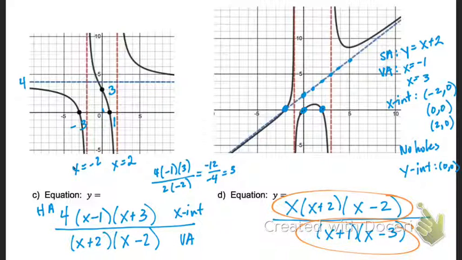So if I were to FOIL these out, I would get x squared minus 4, FOIL that out, x cubed minus 4x on top, and what would the bottom be? Minus 2x minus 3.